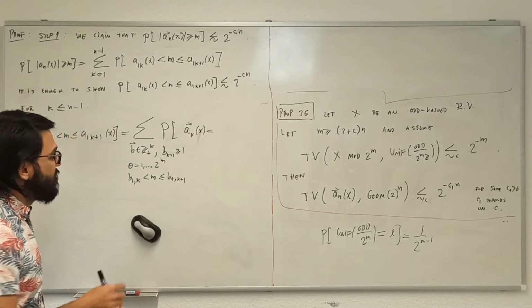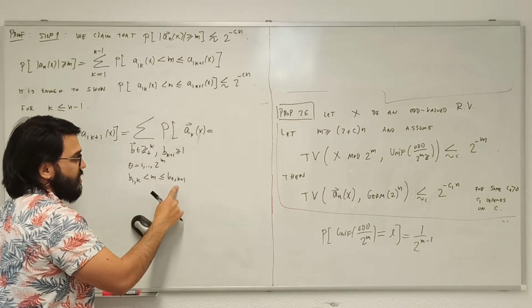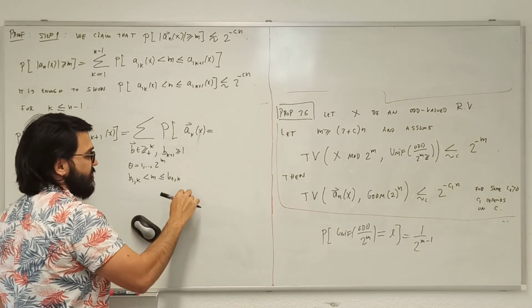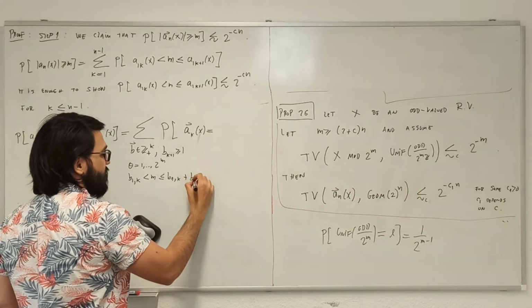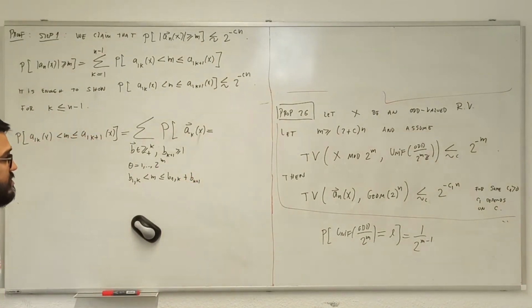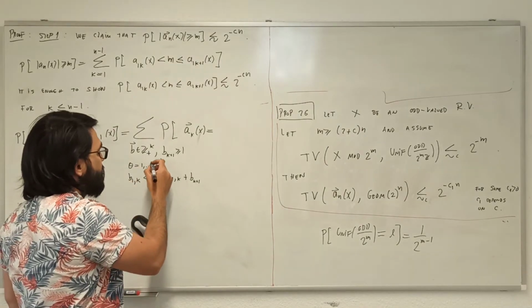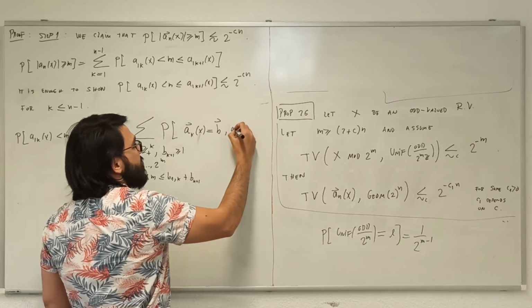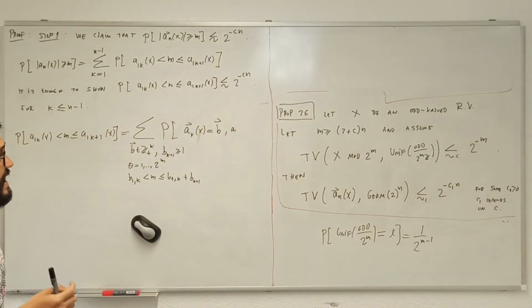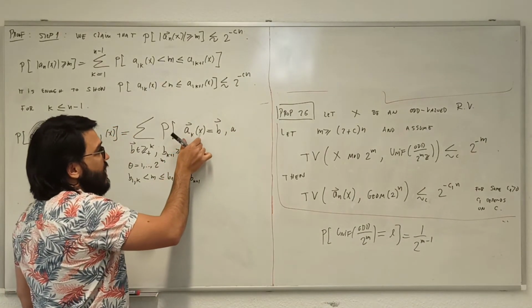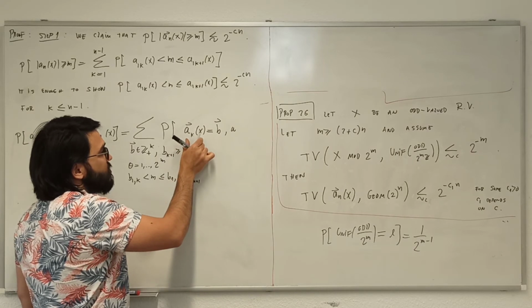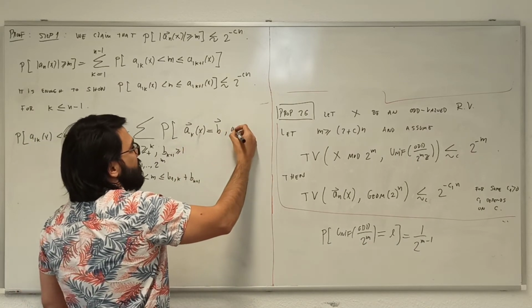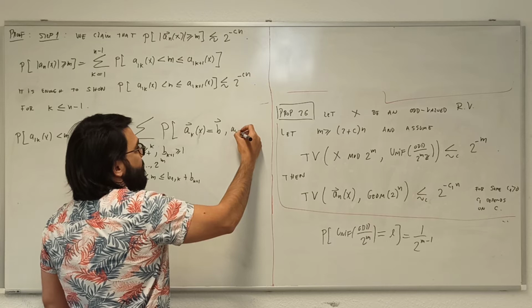Just to be completely rigorous, this is 2 to the m. So the probability that this is equal to b, and then that the final entry is equal to something, let's say k.